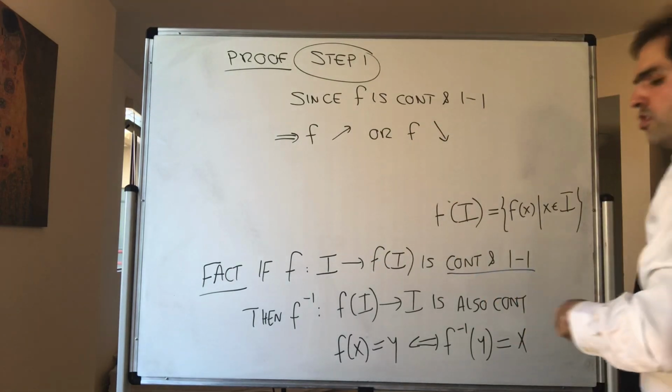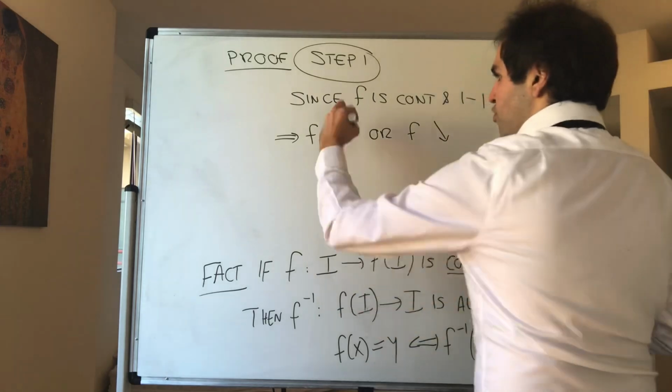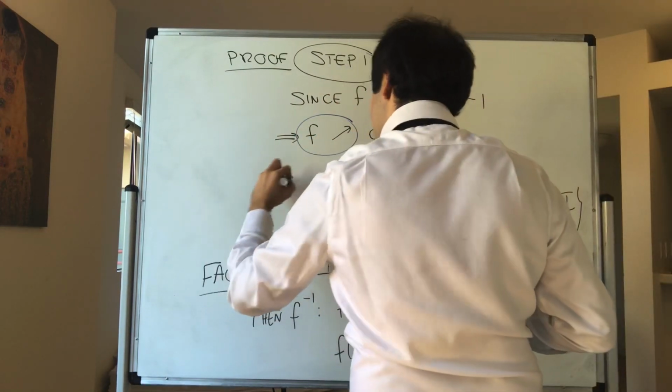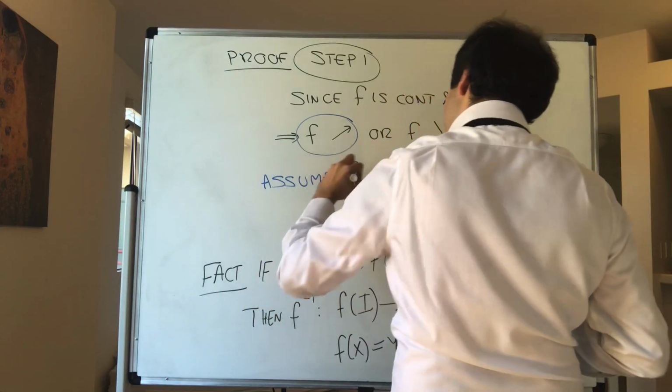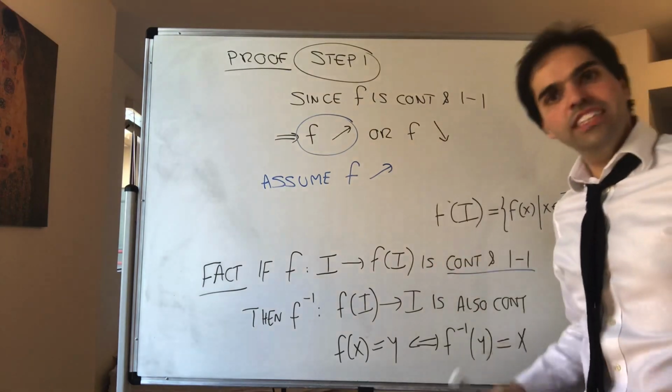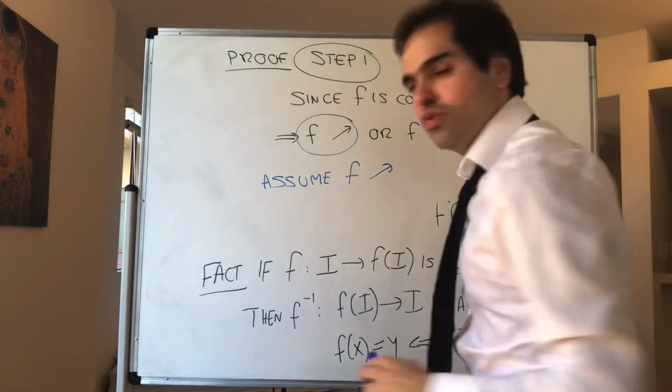So without loss of generality, assume just the first case. So assume f is increasing. And first of all, I'm claiming that if f is increasing, then f inverse is also increasing.